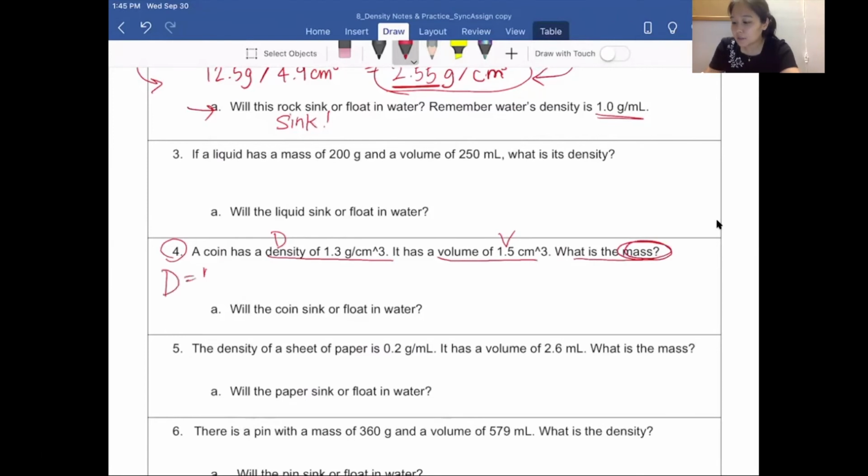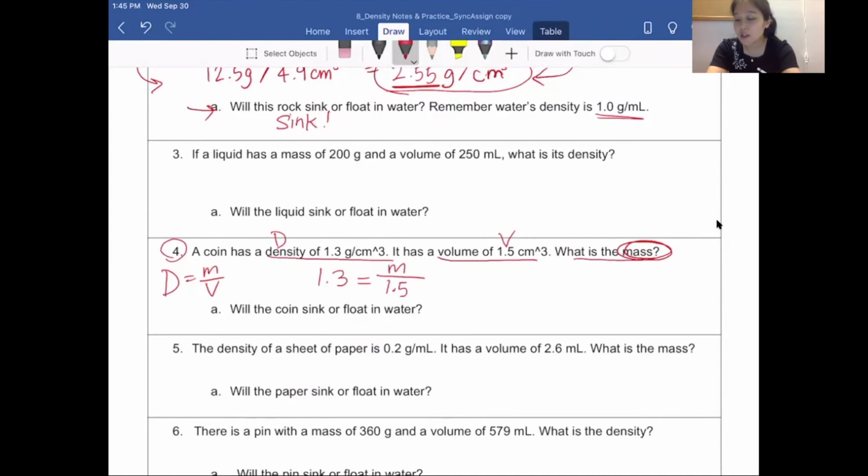So let's bring out our density formula, which is D equals M over V. We're given density, so I'm gonna write 1.3 as my D. And we don't know what our M is, and we know our V, which is 1.5. So now this is an algebra question, right?